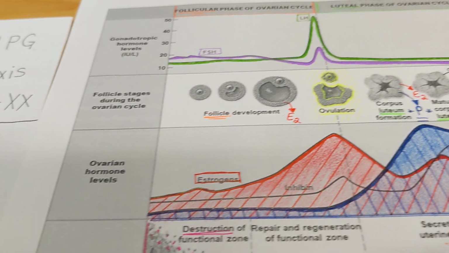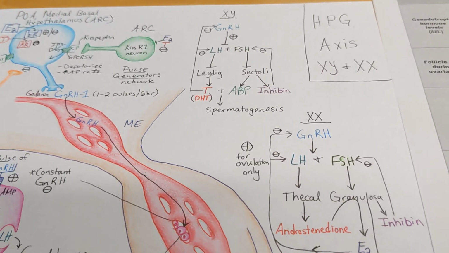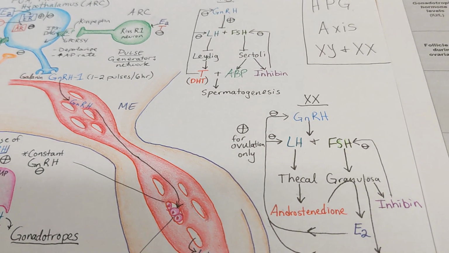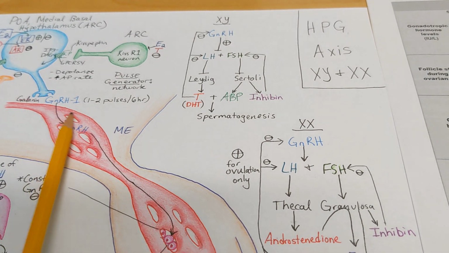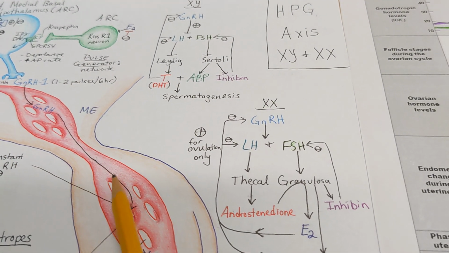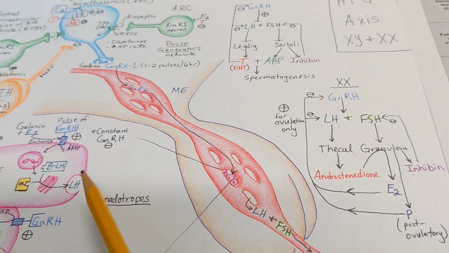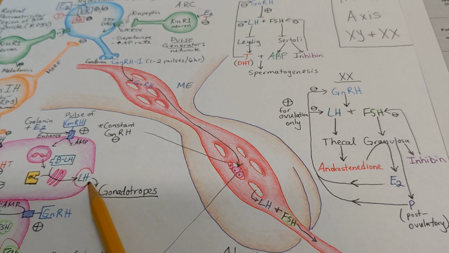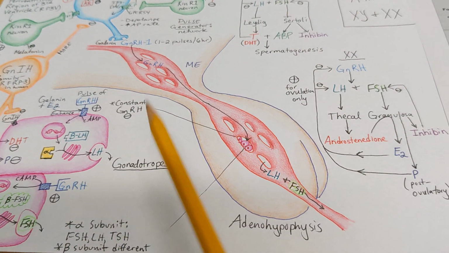In a previous video, I discussed this diagram here, in which I mentioned that the hypothalamus releases GnRH into the hypophyseal portal system. GnRH is going to trigger the gonadotrope cells to release mostly LH, but also FSH, depending on when and what the stimuli are.